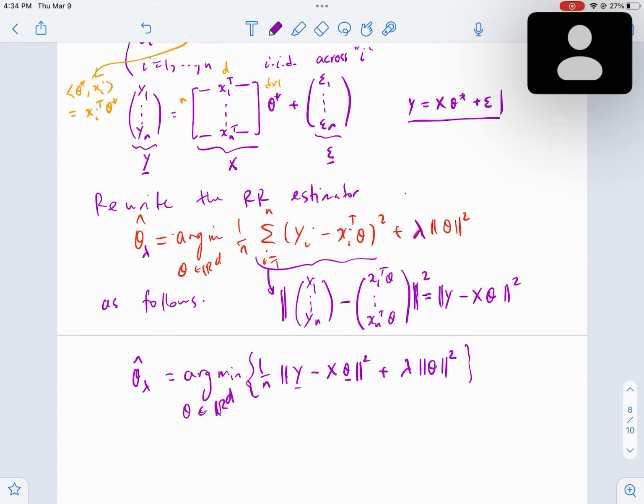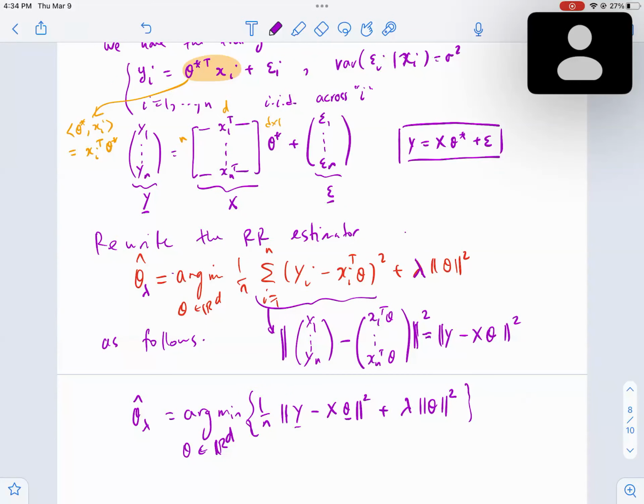So this is the estimator, and this is the true model. That's how things are generated. The theta here is the dummy variable of the optimization. I'm going to solve it, and I get a theta hat, which is hopefully an estimate of theta star. So how do I solve this in closed form? It's a quadratic function of theta.